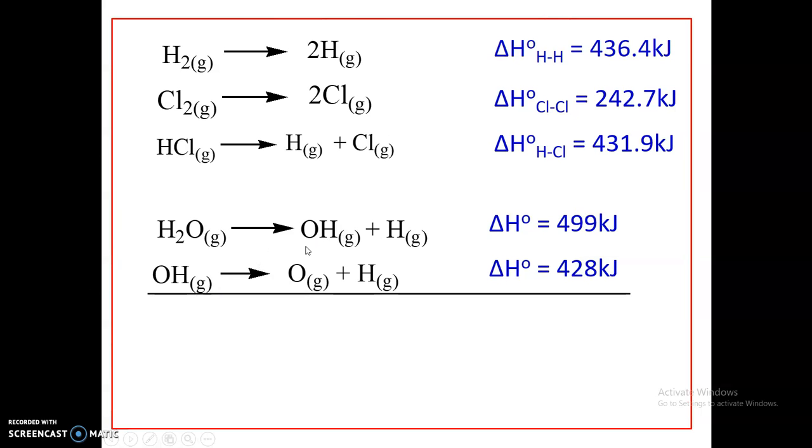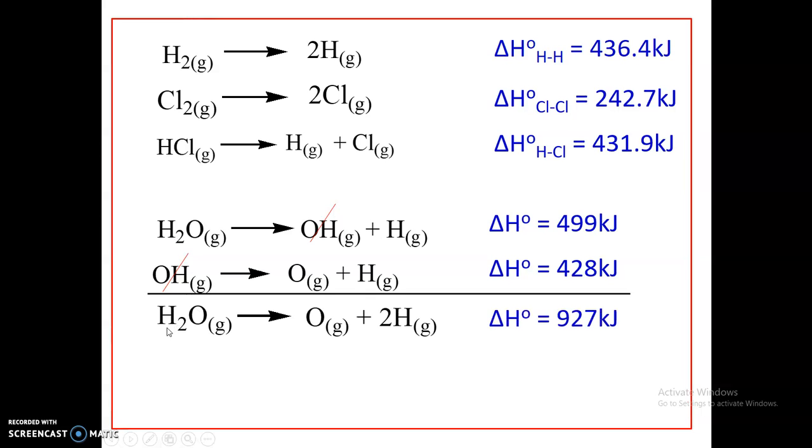Now here OH, these are common, they get cancelled, and when we take the sum of these two equations, then it will be H2O gives O plus 2H. Now here in this equation, water is completely converted, or there is an atomization, or from water all the bonds are broken and there is a formation of atoms.